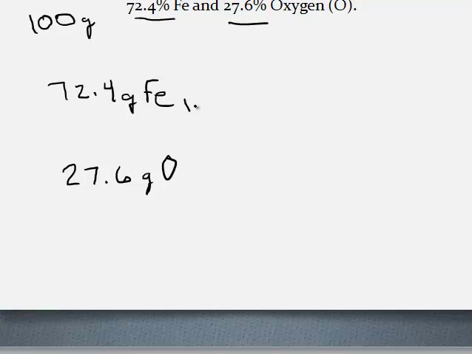Let's convert to moles. So go 56 grams per mole, molar mass off the periodic table for iron. Let's do the math. 72.4 divided by 56 gives us 1.29.